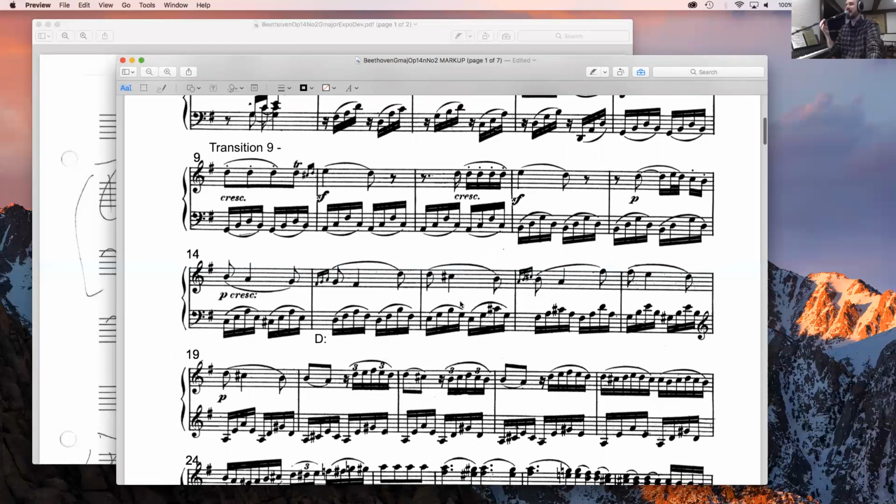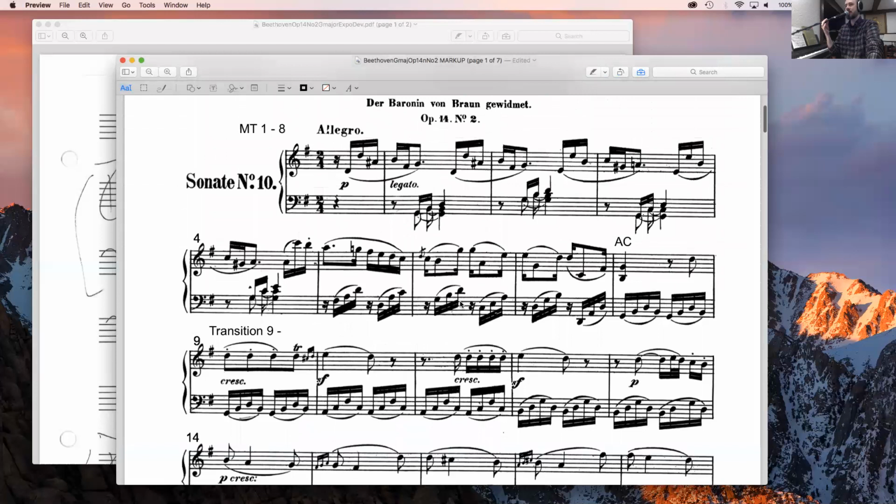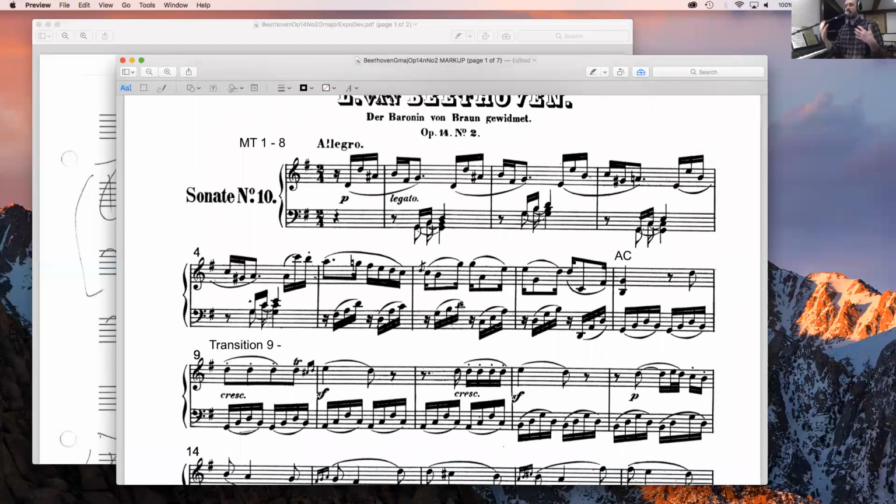And if we look back to the main theme, can we see where Beethoven's getting that syncopation idea from? What's this material right at the end of the main theme? So we've got this 16th, 8th syncopation, this little syncopated thing, this idea.